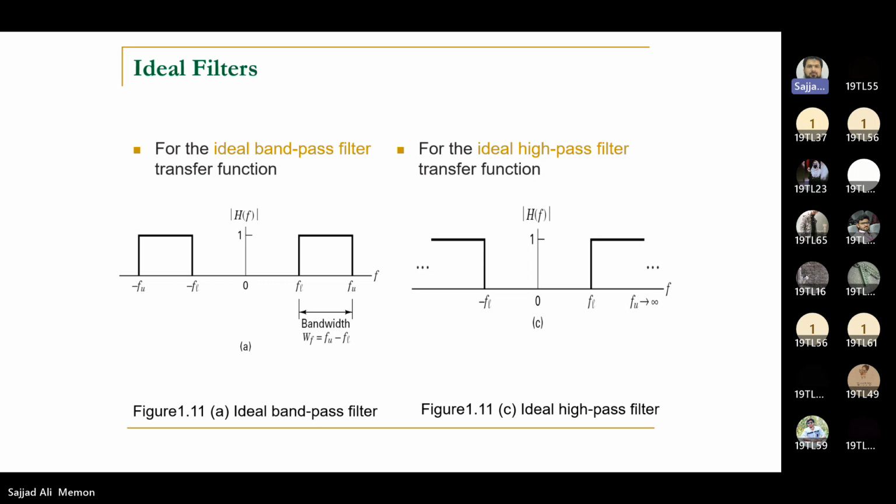That's why it's called high pass, because we only allow high frequencies. In a band pass filter we allow only a particular set of frequencies, which is why it is called a band pass filter.